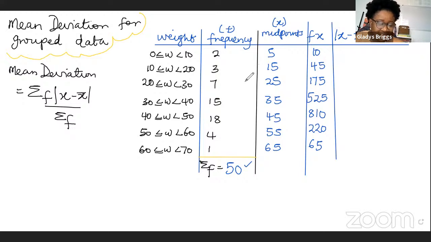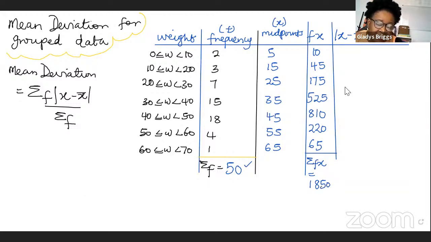But we need to work out x bar. That's why we were doing all of this. We wanted to work out the arithmetic mean, and you know that the arithmetic mean is sigma f times x divided by sigma f. So we need to work out sigma f times x, and that comes to 1,850.